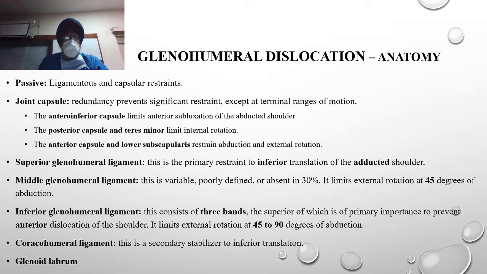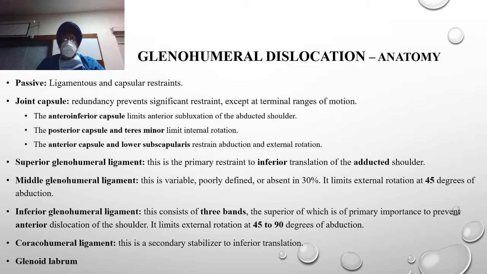Superior glenohumeral ligament, this is the primary restraint to the inferior translation of the adducted shoulder. Middle glenohumeral ligament, this is variable, poorly defined or absent in 30%. It limits external rotation at 45 degrees of abduction. Inferior glenohumeral ligament consists of three bands, the superior of which is of primary importance to prevent the anterior dislocation of the shoulder.